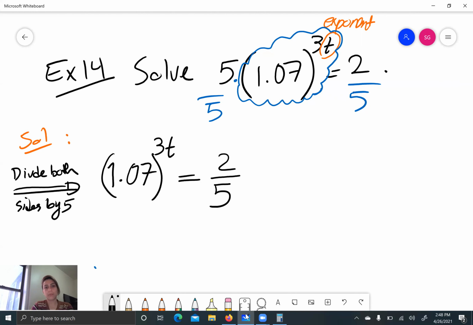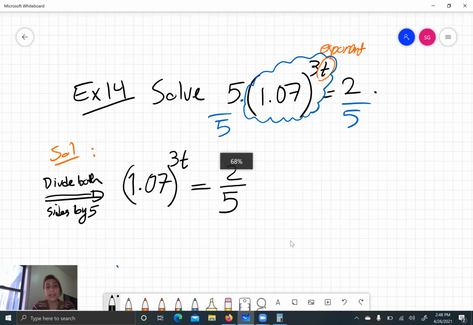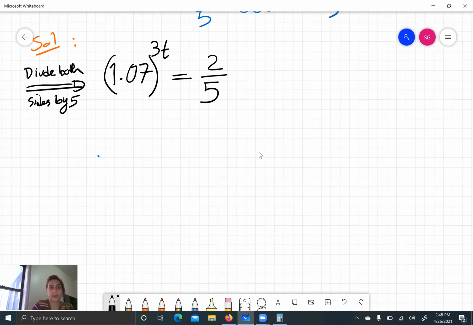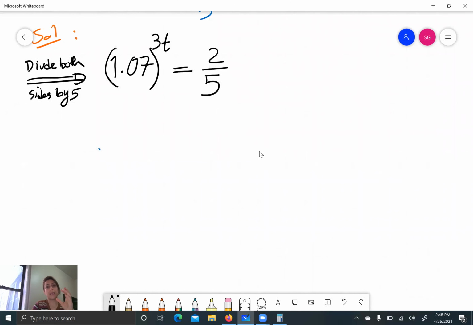Now that we isolated it, we can take a logarithm of both sides. So the first step is to isolate the exponential factor, and now at this step, take a logarithm of both sides.